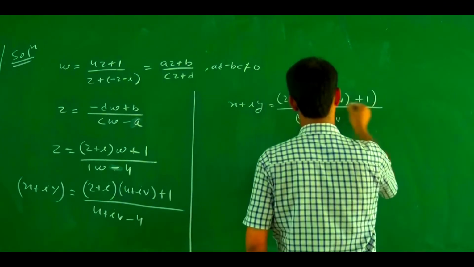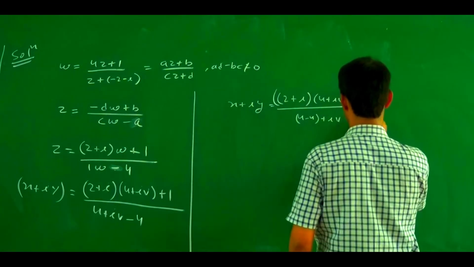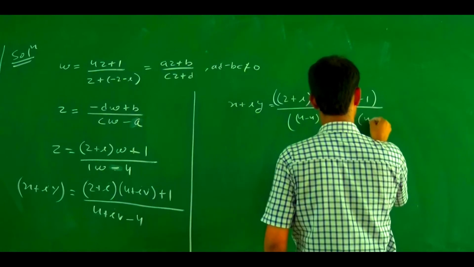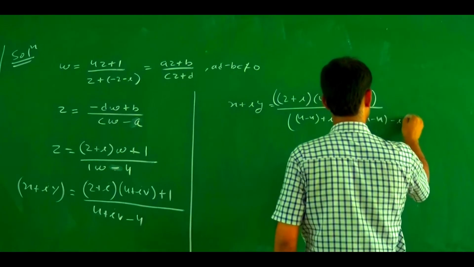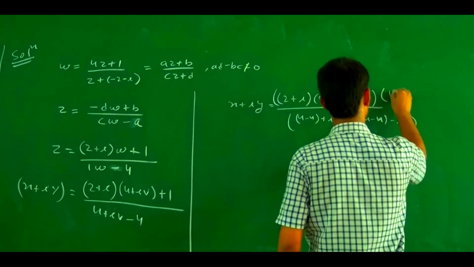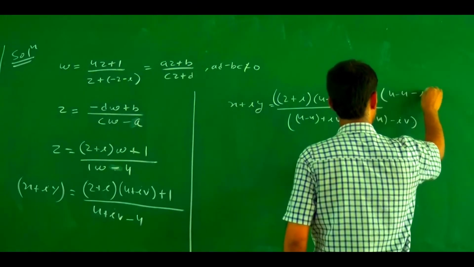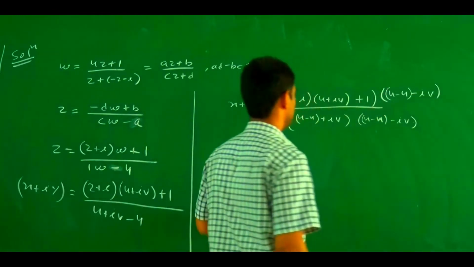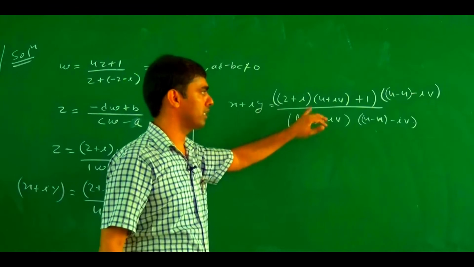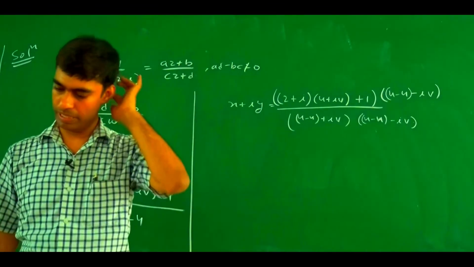So here to equate the real and imaginary parts, we multiply by u minus 4 minus iv, both in numerator and denominator. So in the denominator we get (u minus 4) whole square plus v square.